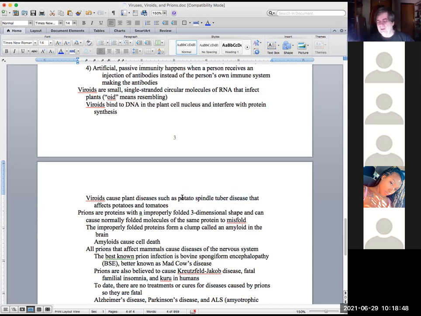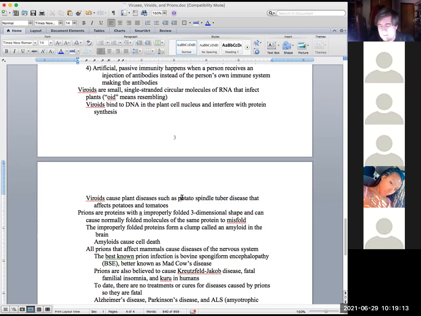But what this viroid does is when it infects a potato plant or a tomato plant, potatoes and tomatoes are actually closely related, the plant grows kind of tall and thin, so it tends to fall over. And sometimes the fruit also is elongated.